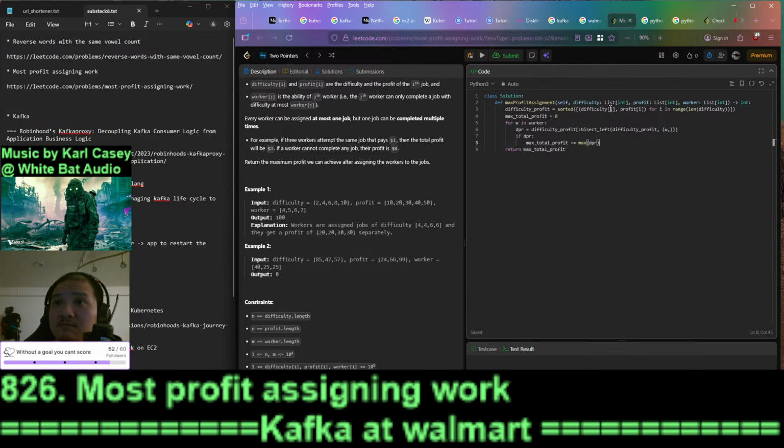So this gives me the difficulty and profit. We still need to find the max profit, right? So for the max profit here, let's just loop them, for whatever this is. Max equals 0.